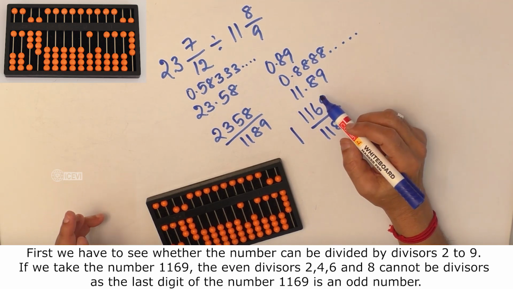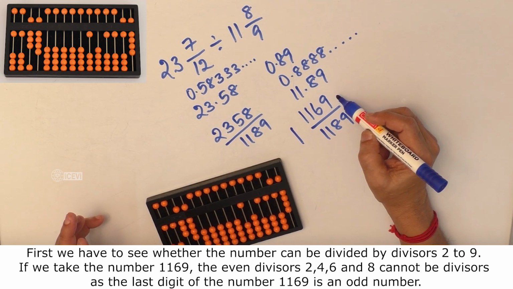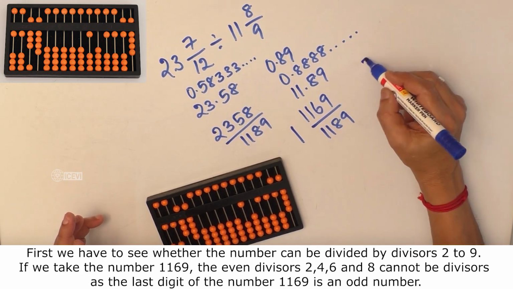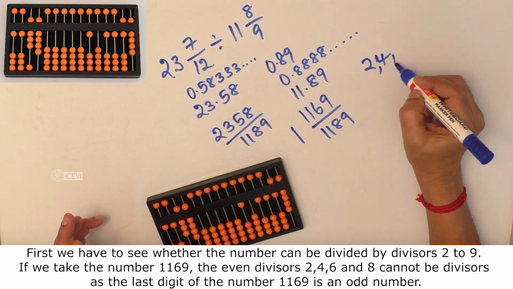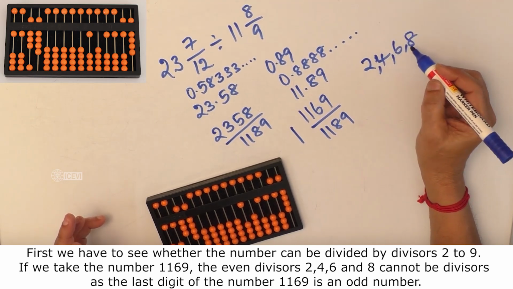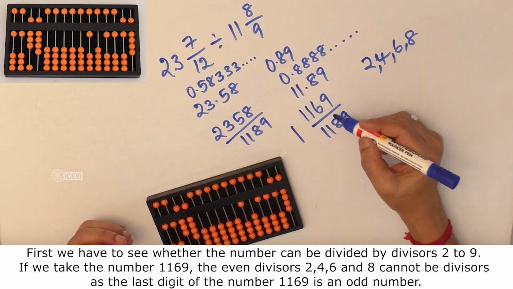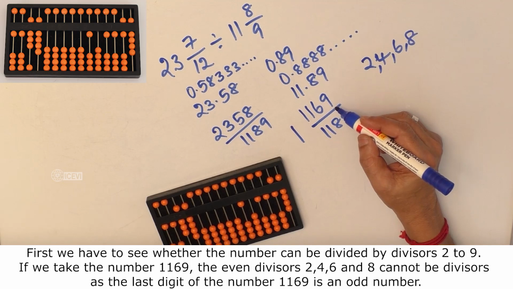If we take the number 1169, the even divisors 2, 4, 6 and 8 cannot be divisors, as the last digit of the number 1169 is an odd number.